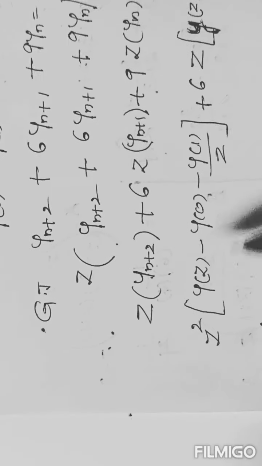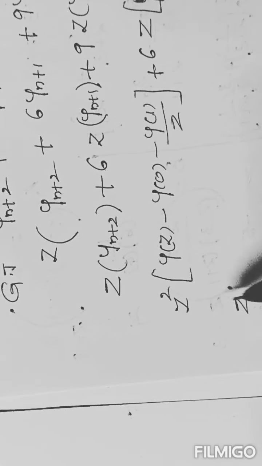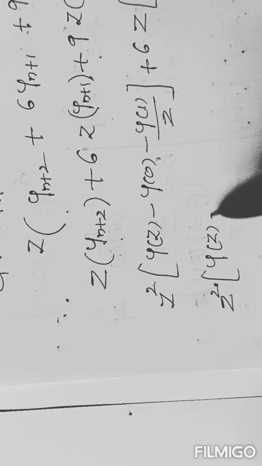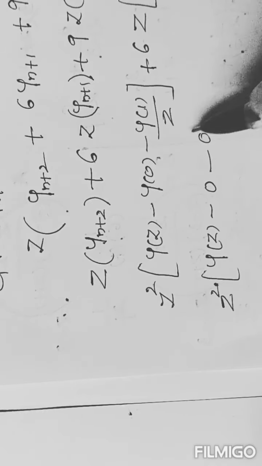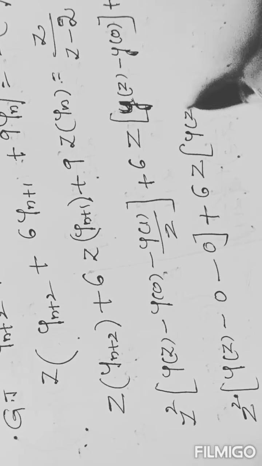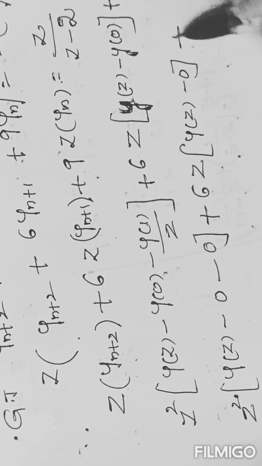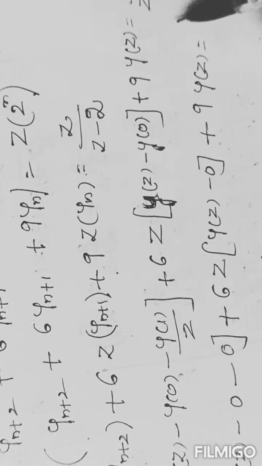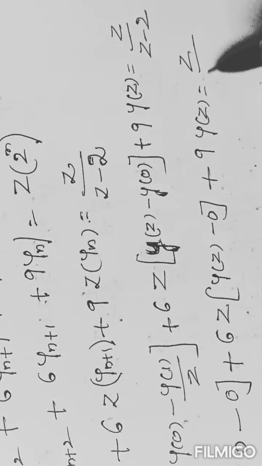Now we can write the given conditions. y(0) and y(1) are both equal to 0. In place of y(0), z square Y(z) minus 0, this is also 0, plus 6z into Y(z) minus 0, plus 9 into Y(z) equal to z by z minus 2.